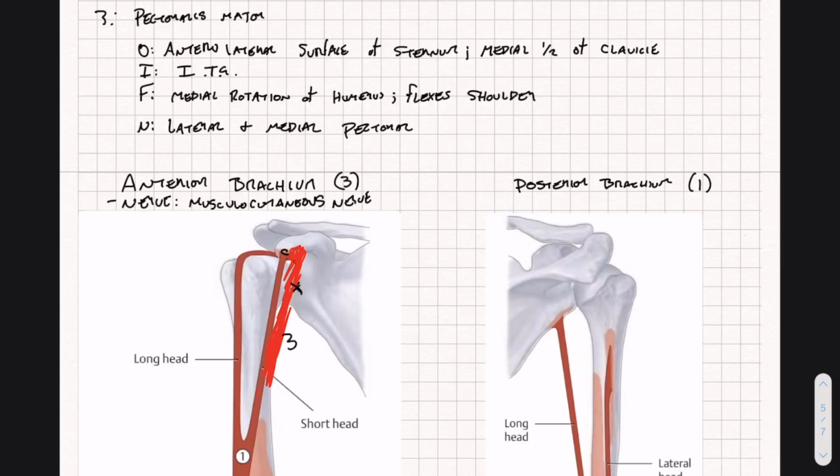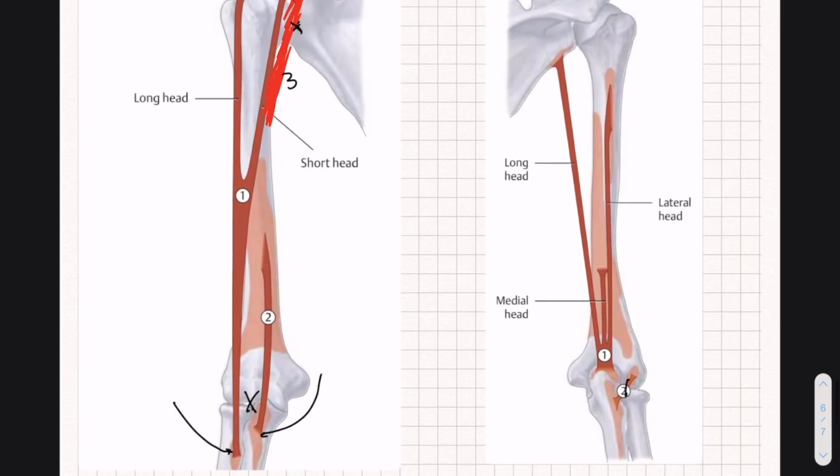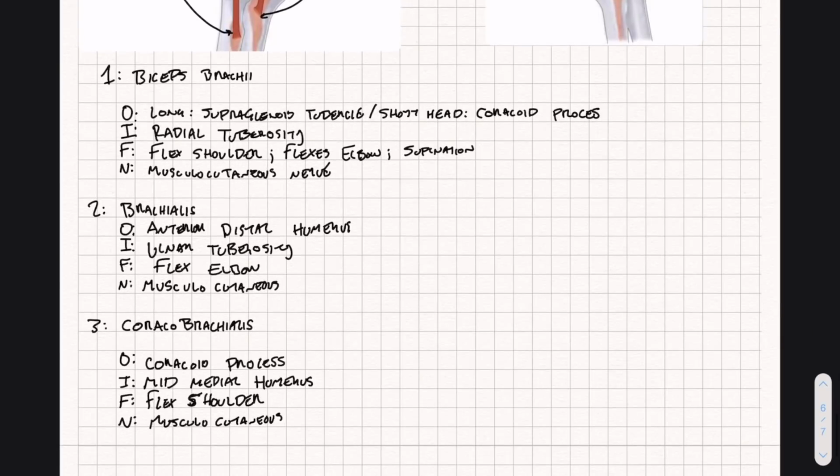Okay, then we go to our posterior brachium. Ignore this one here. But we're looking at this number 1, which I'm going to call number 4. This is the triceps. So this is the only muscle in our posterior brachium, but it has 3 heads to it. So tricep, 3 head. So origin, there's going to be 3.